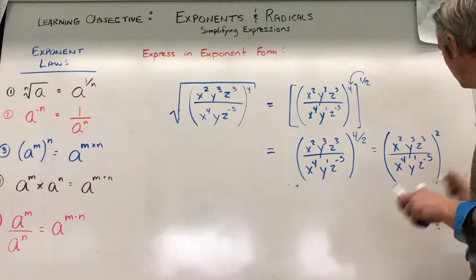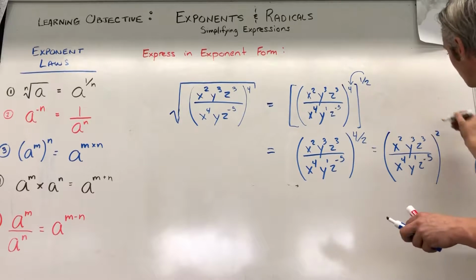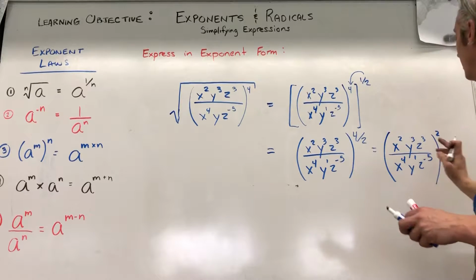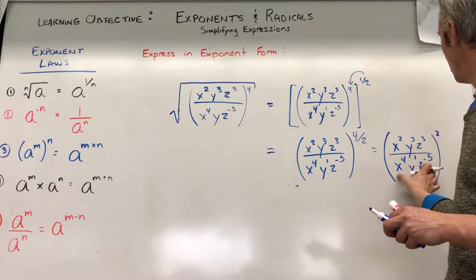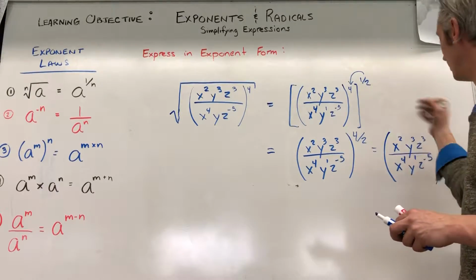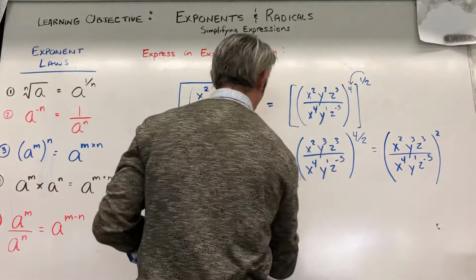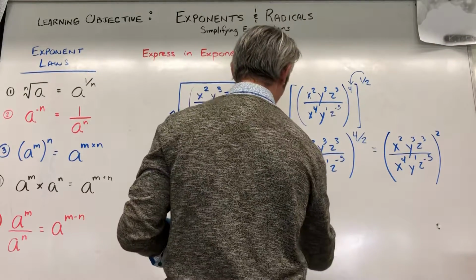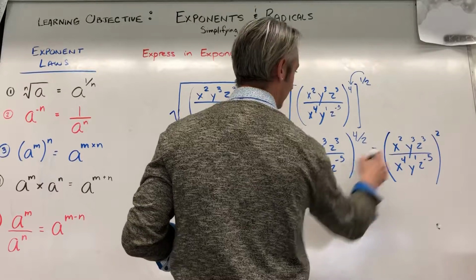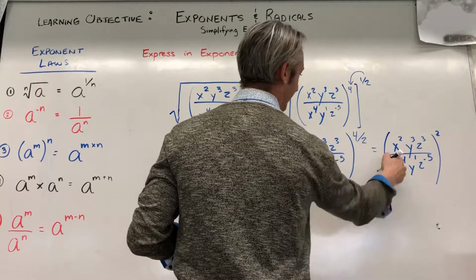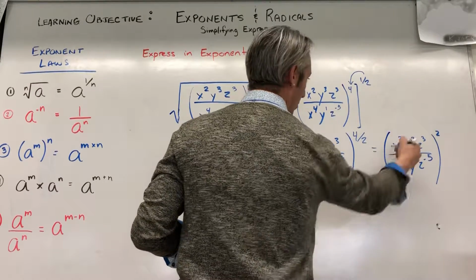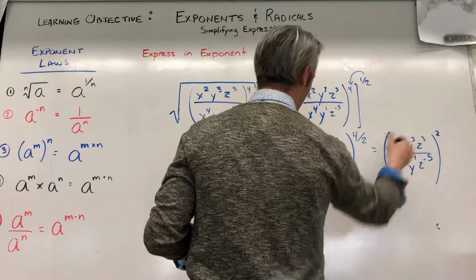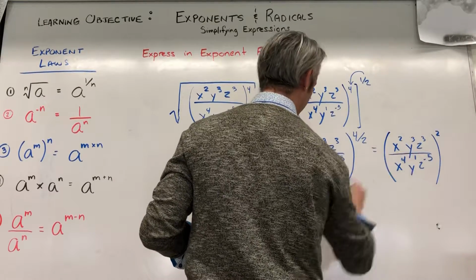If I did that, I'd have to distribute it to every single number in here. Instead, I'm going to bring all these up and then I'll apply it. So how do I do that? I'm going to use this rule here. I have x, exponent on the top, 2, minus exponent on the bottom, 4. Y, exponent on the top, 3, minus exponent on the bottom, 1.